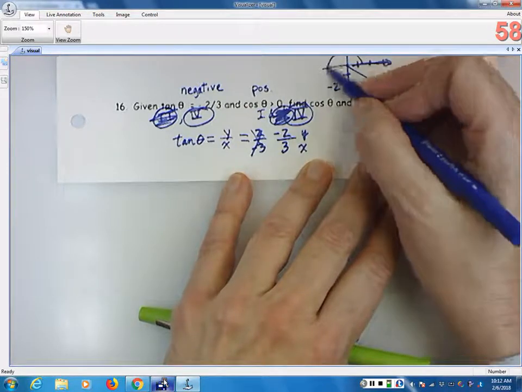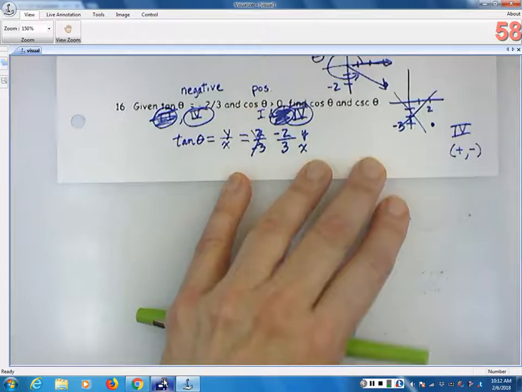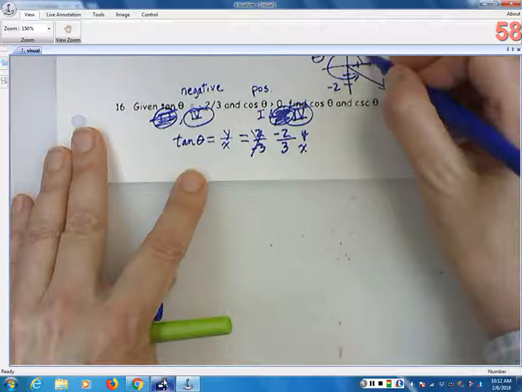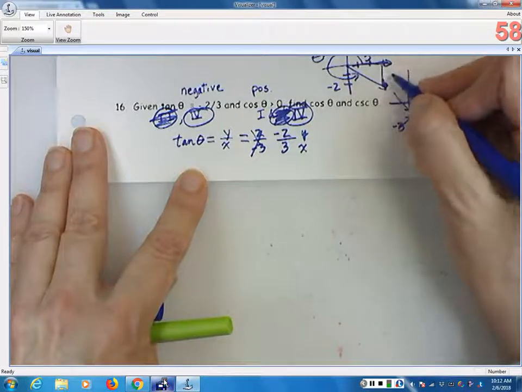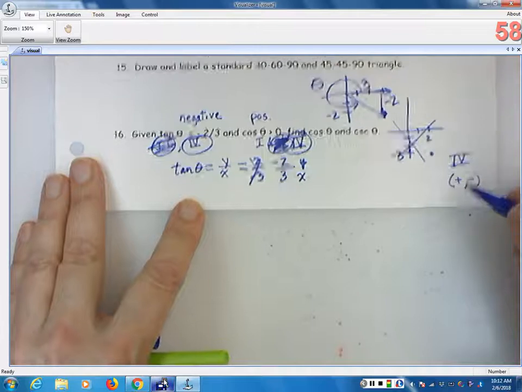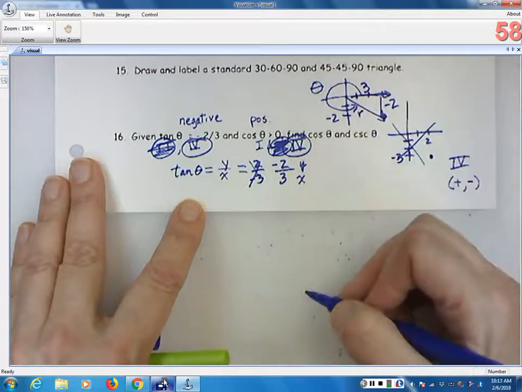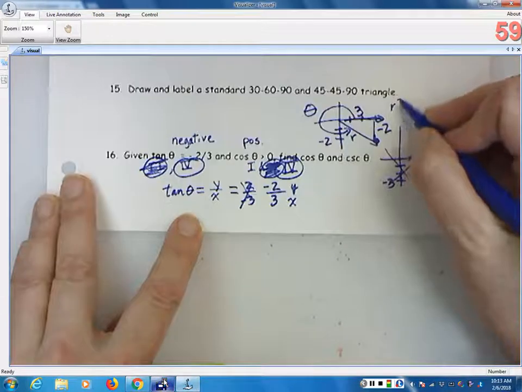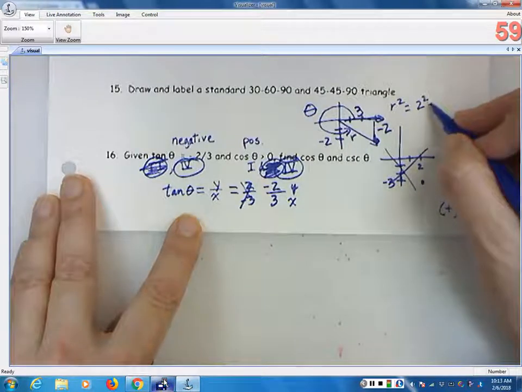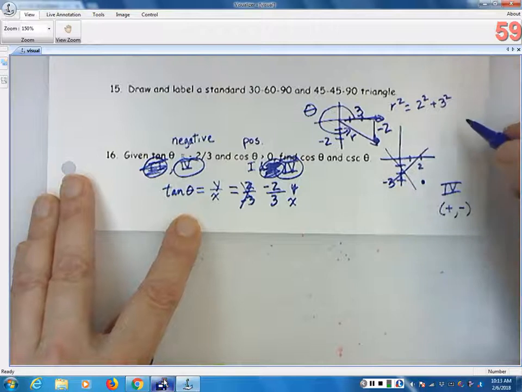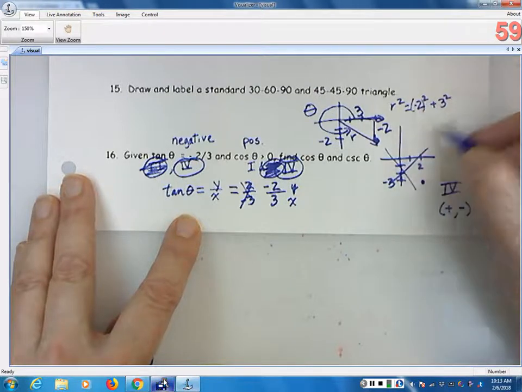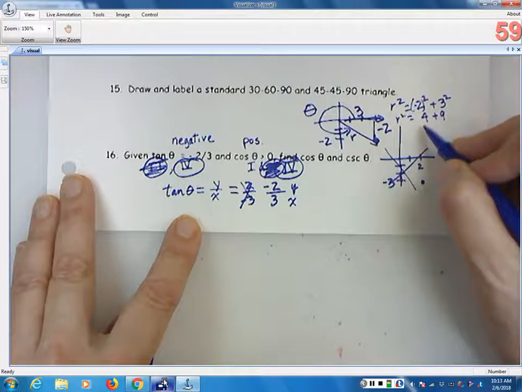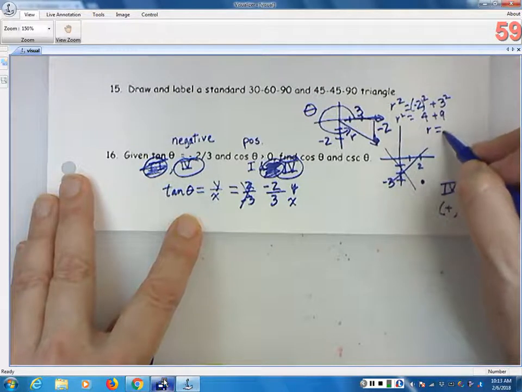Again, this is standard position, this is theta. If this is positive 3 and this is negative 2, we have to find r. R squared is negative 2 squared plus 3 squared, which is 4 plus 9. R squared is 13. R is the square root of 13.